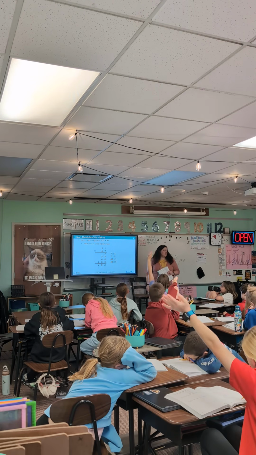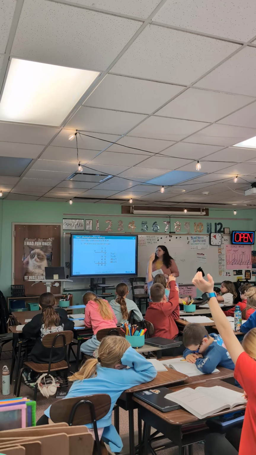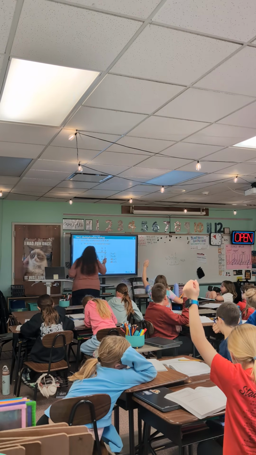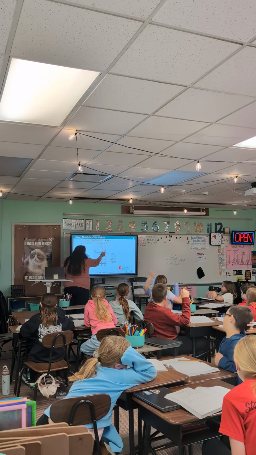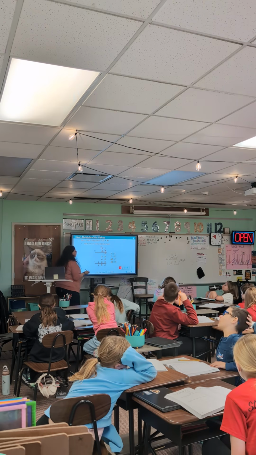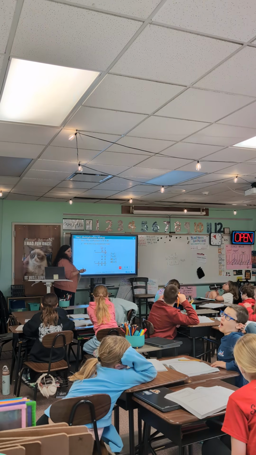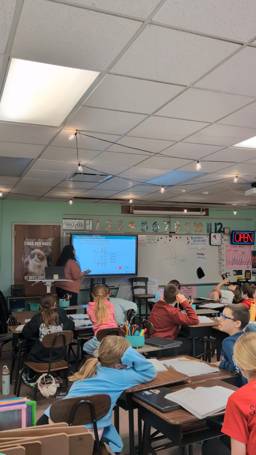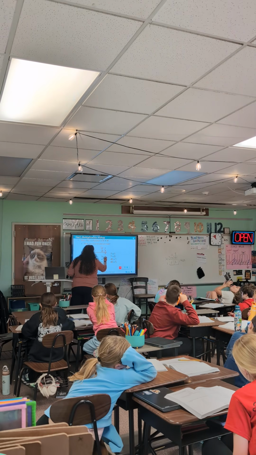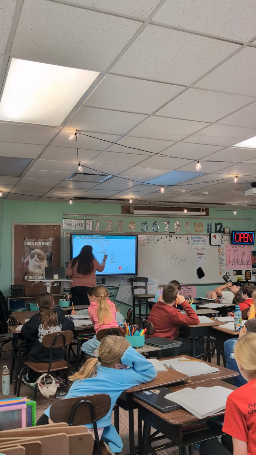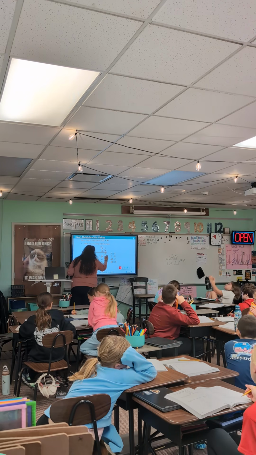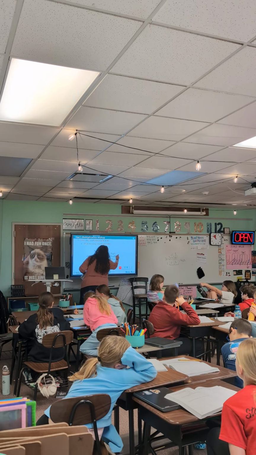But where did you guys find an error? Henry, what did you notice? He did 7 times 5 instead of 7 times 50. Oh, right here. And why is it not 7 times 5? Because the 5 is in a tens place and that means it's 50. So what did this need to be? 350. So this is really supposed to be this, and this is really supposed to look like that.